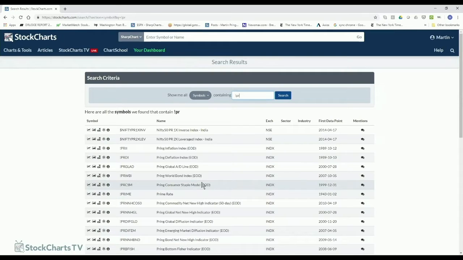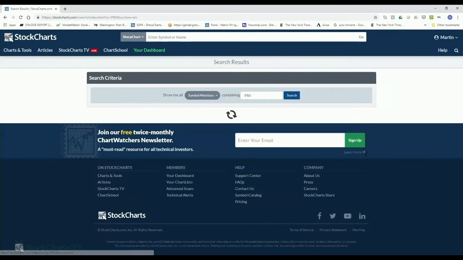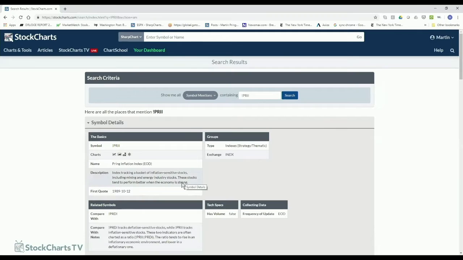And what I found out this morning when I was going through this was this mentions column over here. Because I thought, well, I'm going to spend a lot of time explaining how these indicators work today. But when I got onto this, I found out that the mentions also give you an explanation of the indicators. You click on that, and up comes an explanation of the Pring inflation indicator, which is what I'm going to be talking about first of all.